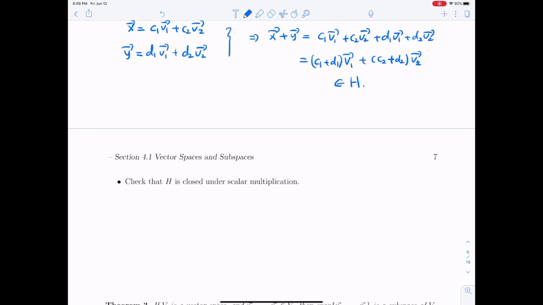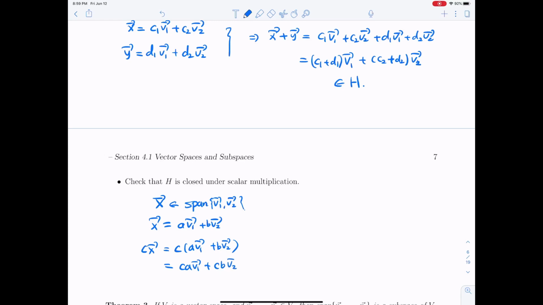Lastly, if you take x inside the span of v1 and v2 and write x as, say, a v1 plus b v2, then c times x gives you c times (a v1 plus b v2). That gives you ca v1 plus cb v2.